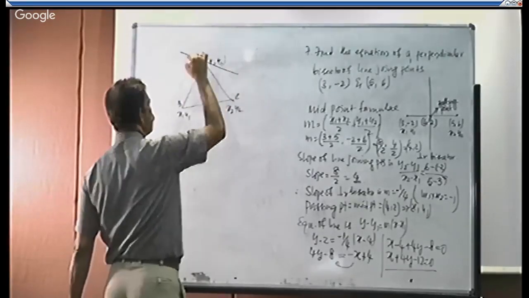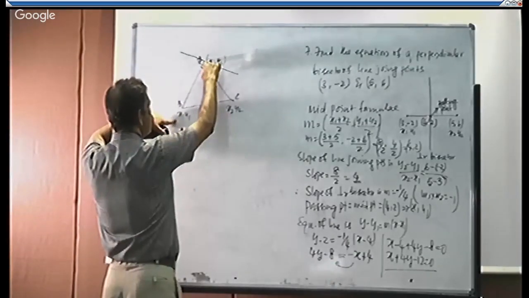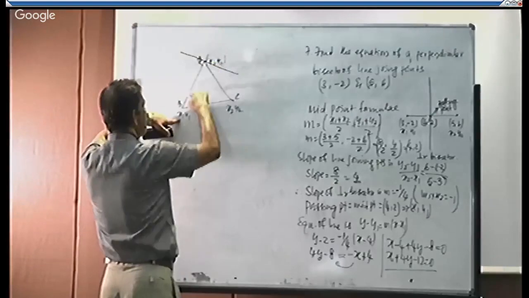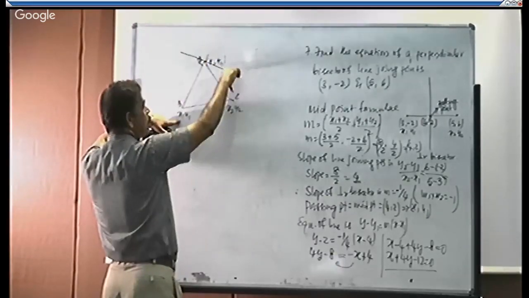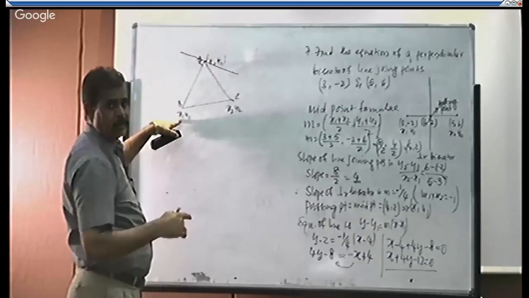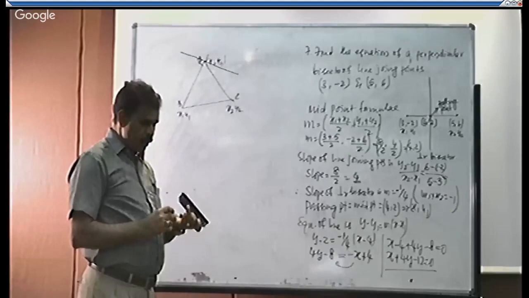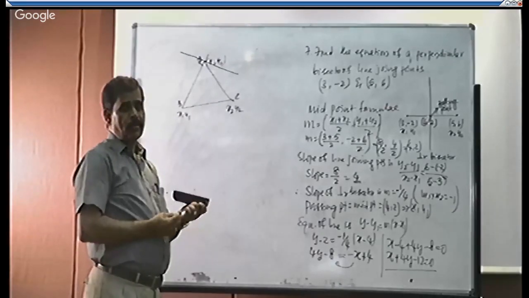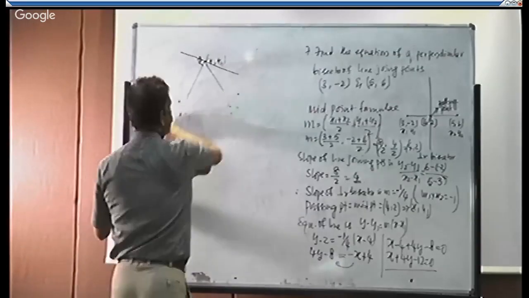In that case, this will be considered as the passing point and get the slope of AB. With that, you can get the slope of the perpendicular line. So they give certain conditions, and with that you have to find the equation of the line.